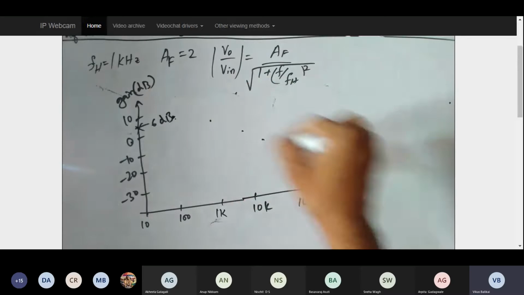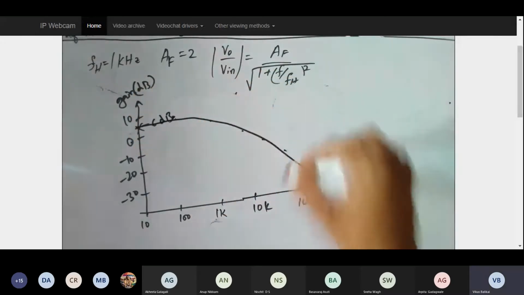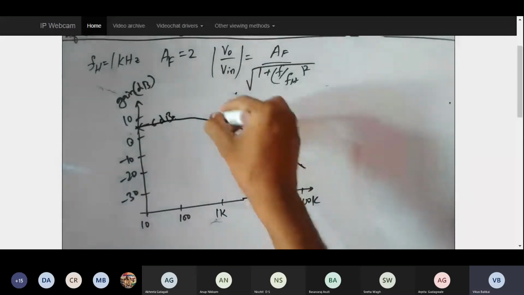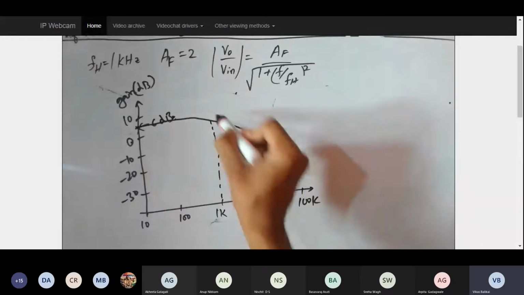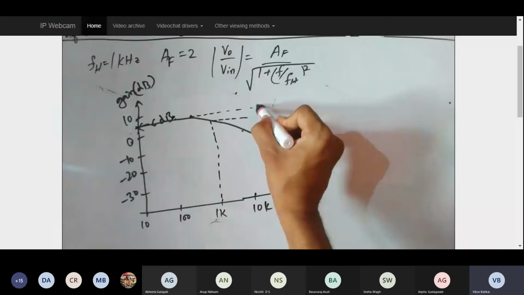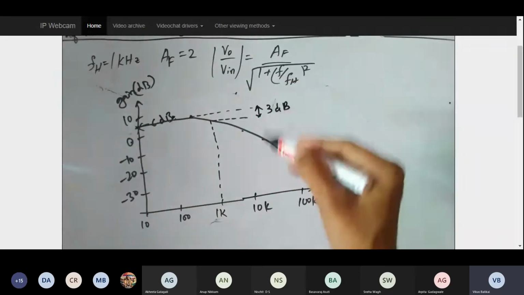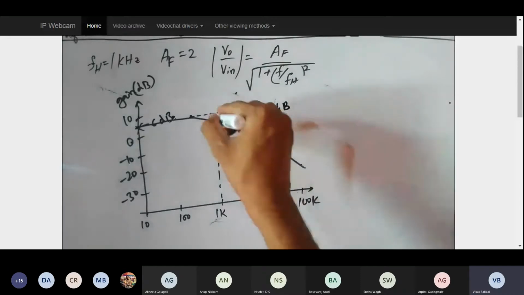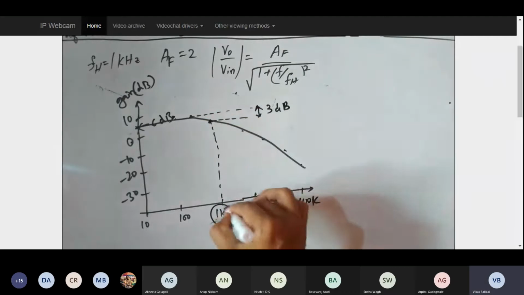If I join these points, at exactly 1K you will see a dip in the gain from its earlier value, and that dip is 3 dB. There will be a dip of 3 dB gain at exactly one particular value, and that value is nothing but your cutoff frequency.